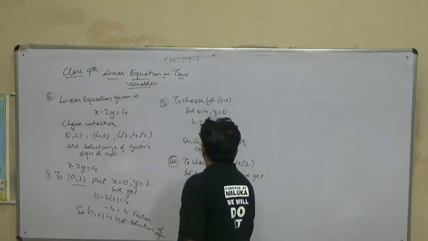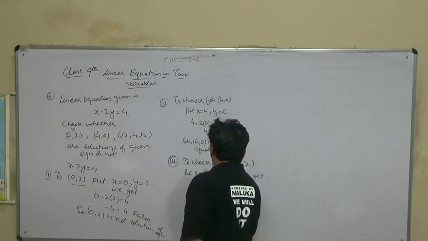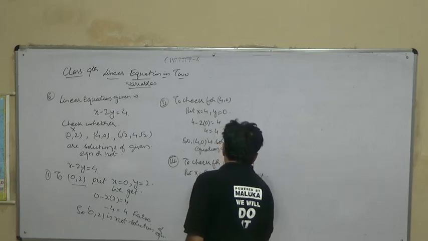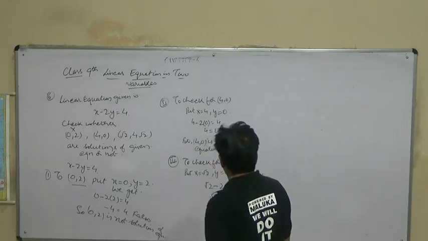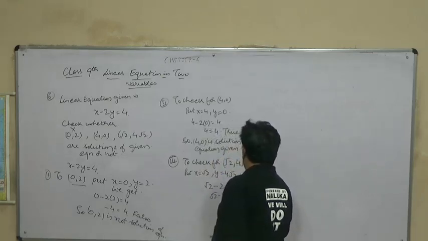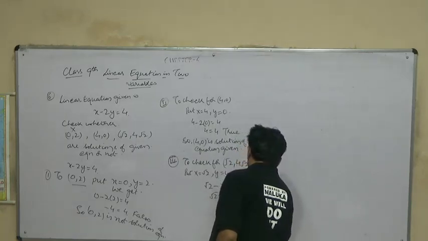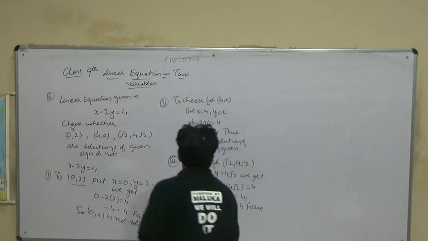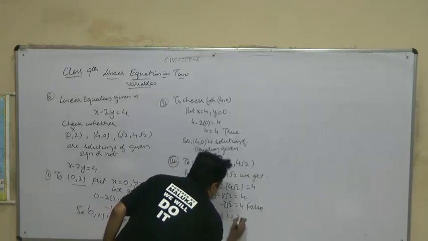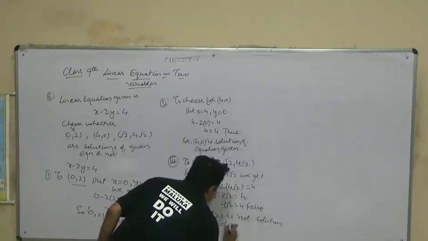Root 2 minus 2 into 4 root 2, which is root 2 minus 8 root 2, which is minus 7 root 2. This is given as equal to 4, so minus 7 root 2 is equal to 4, which is false. So again we can say that (root 2, 4 root 2) is not a solution of the equation.